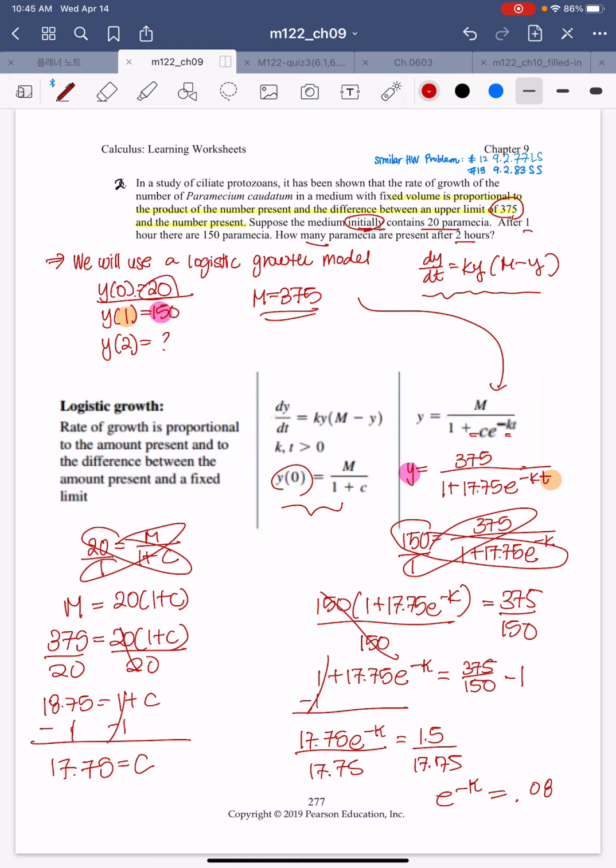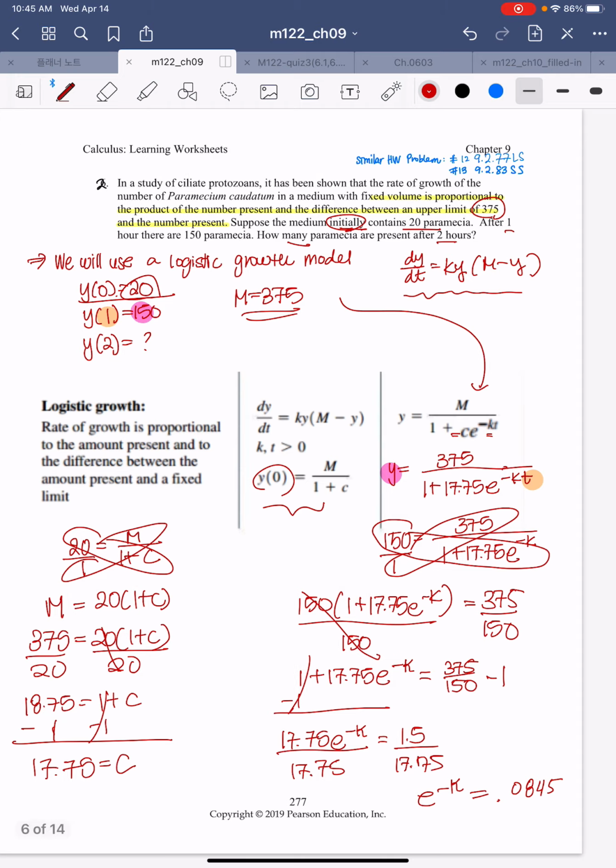I'll just carry 4 decimal places because I feel like 2 decimal places is not enough. So ln of 0.0845. My MyMathLab will tell you how many decimal places.